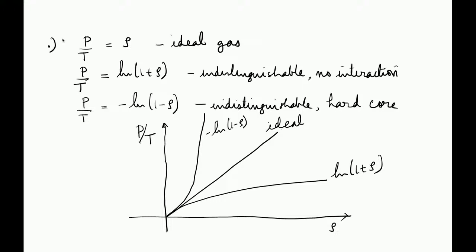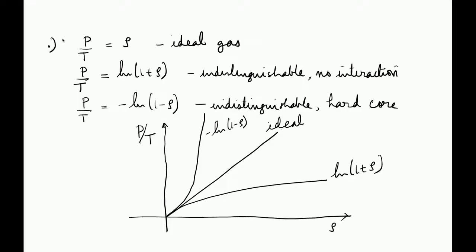It has to come below. For large rho, it is log rho, which is much smaller than rho, so it goes like that. This equation, when rho goes to 1, blows up, pressure goes to infinity because I cannot put more than one particle per site. They all have the same slope here and it blows up at this point.